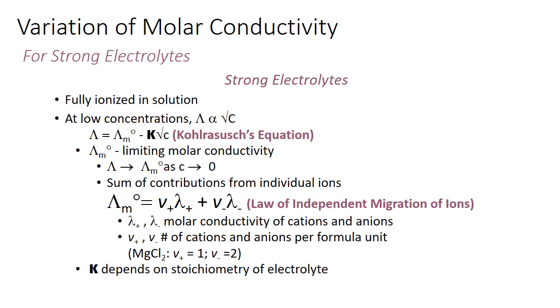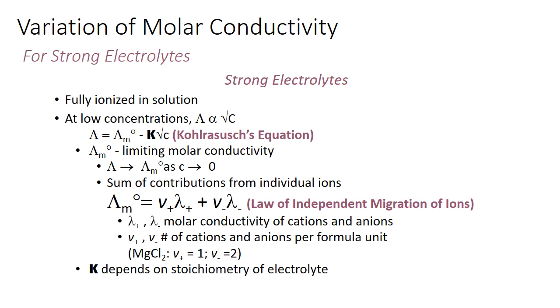For a strong electrolyte, as they are fully ionized at low concentration, we established a relation that molar conductivity is proportional to the square root of C. And from that the Debye-Huckel-Onsager type equation is formed, that is lambda m is equal to lambda m infinite, or lambda m naught, minus constant k into square root of C. You can use a constant, k constant only, you just have to mention it. And lambda m naught is also written as lambda m infinite.